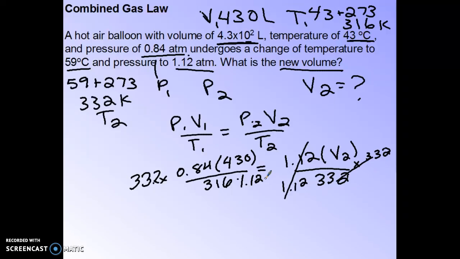Now on the left side I have 332 times 0.84 times 430, all of that divided by 316 times 1.12. So it's important that you put the denominator in parentheses so your calculator does not get confused with what you're doing if you're putting it all in at once.